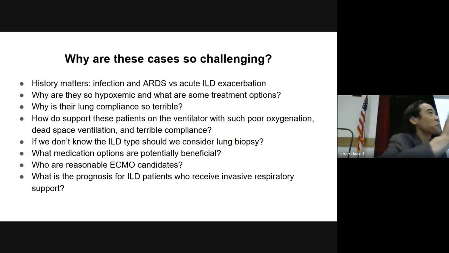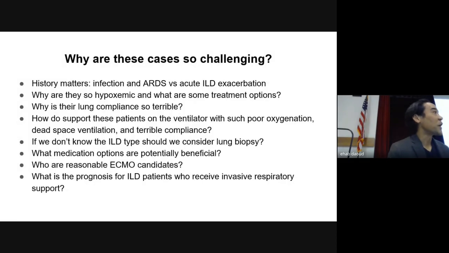So I'll briefly touch base on some of these questions, and these are things I ask myself when I care for these patients in the intensive care unit all the time, because these patients are challenging. History matters, and the differential for why they're so hypoxemic is still pretty big. Why are they so hypoxemic? Why is their lung compliance so poor?